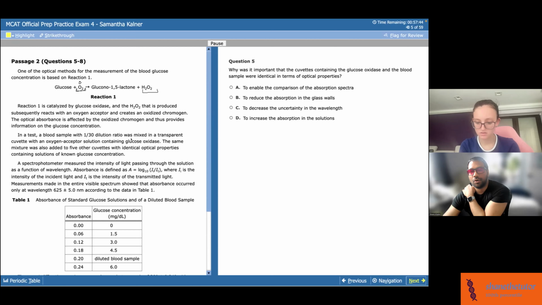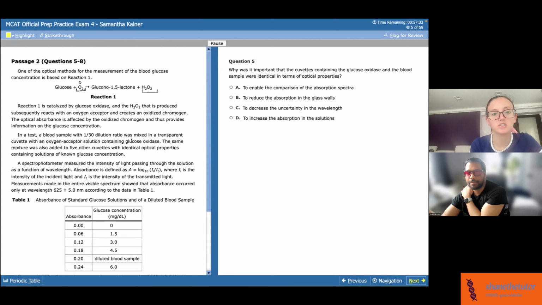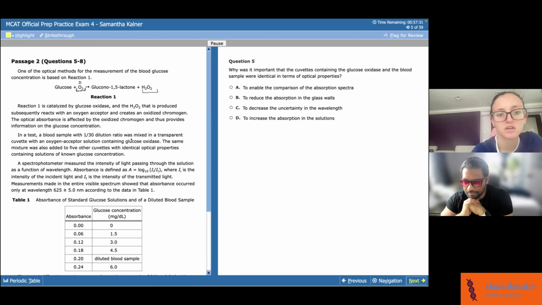So if the oxidation state changed, what type of reaction happened? It was oxidized, right? So what type of reaction is involved? Oxidation. Anything else?